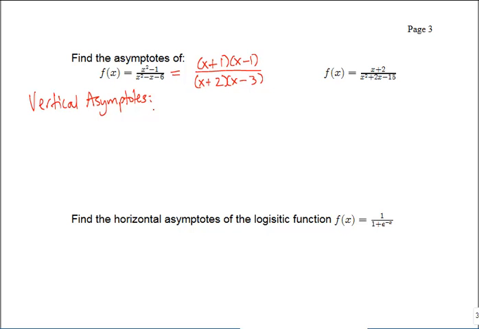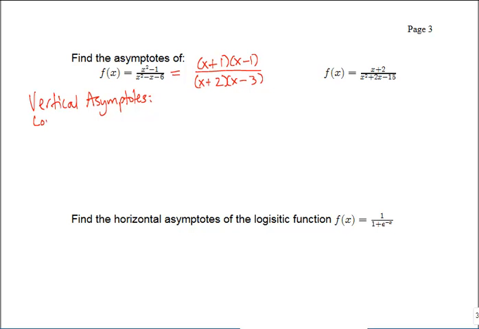Now the reason I factored the numerator as well is because vertical asymptotes don't just occur where the denominator is 0. They occur where the denominator is 0 as long as the numerator is also not 0 at that same place. Because if one of these factors on top and bottom matched, then that wouldn't cause us to have a vertical asymptote. It would cause us to have a hole in our graph.